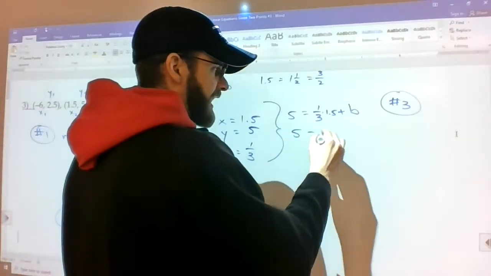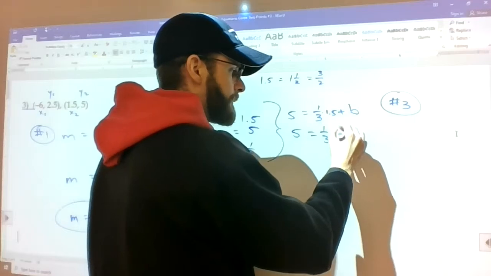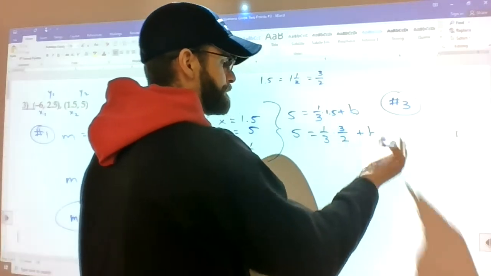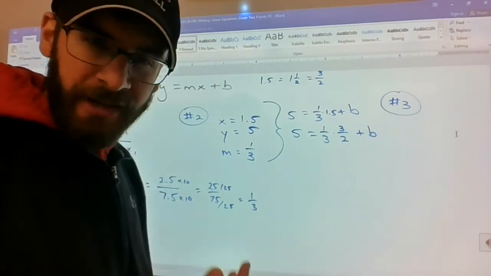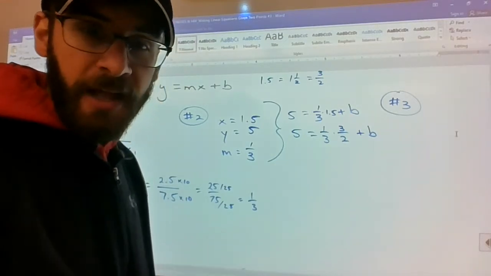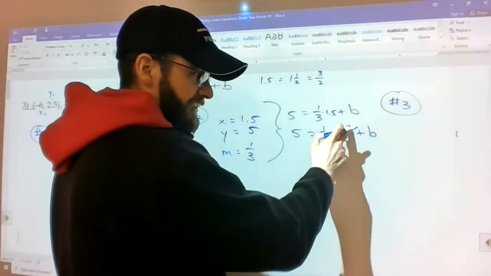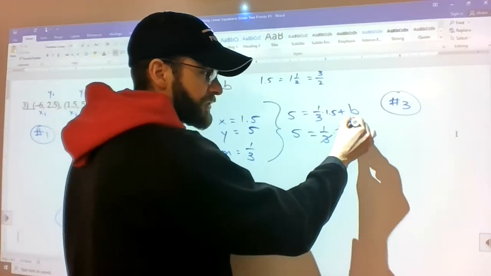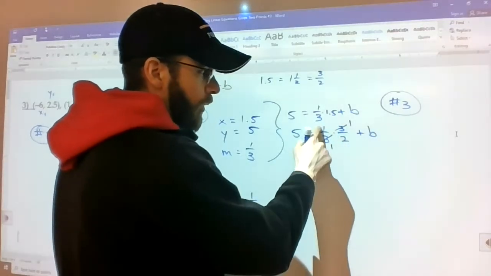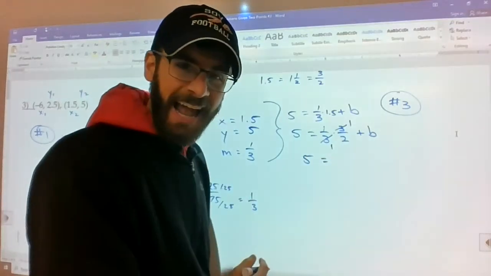So I'm going to rewrite that as 1/3 times 1.5 becomes 3/2. Good. I'm way more comfortable multiplying 3/2 times 1/3 than I am multiplying a decimal times 1/3. So now what we do is cross cancellation when you multiply two fractions. 3 divided by 3 is 1 over 1. So now you get 1 times 1 over 1 times 2. It's a half.